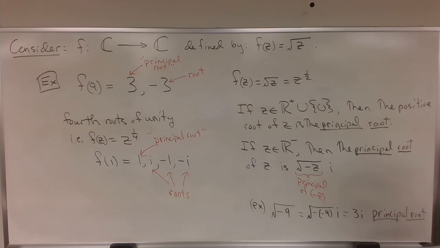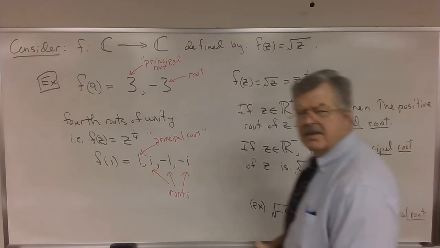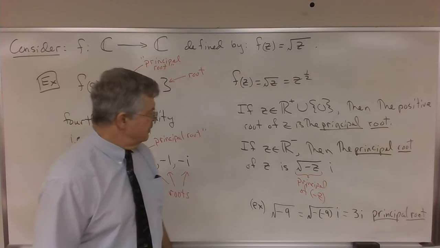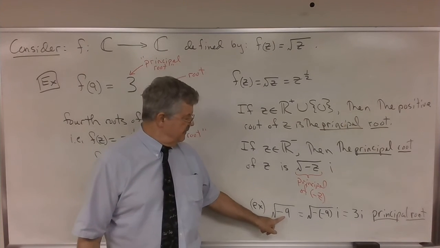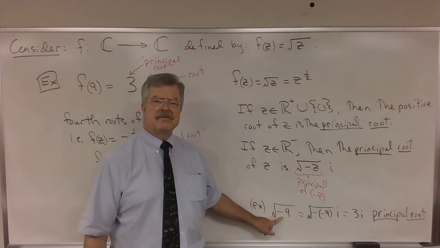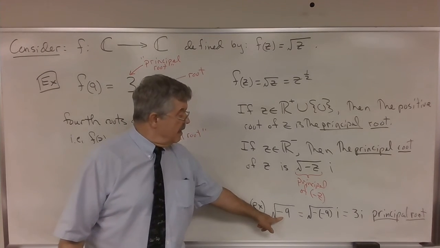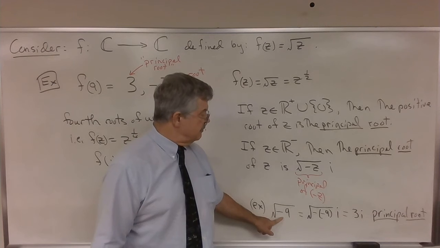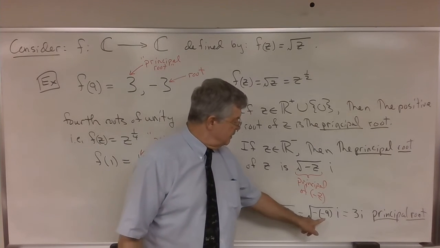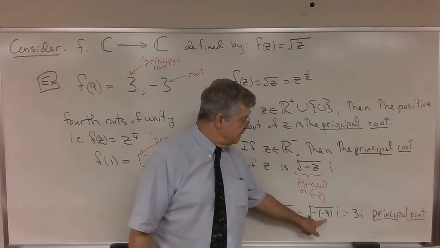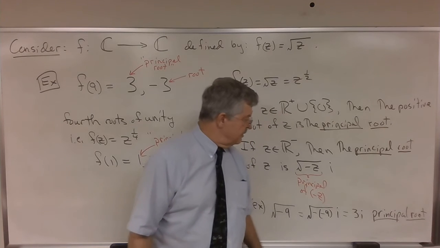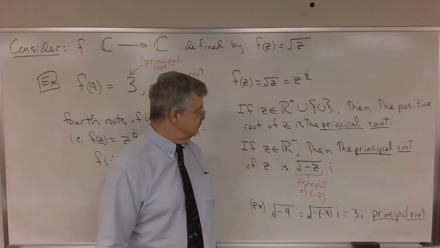Principal root. What would the other root of the square root of negative 9 be in this case? It would be the root of 9 that doesn't happen to be the principal root.